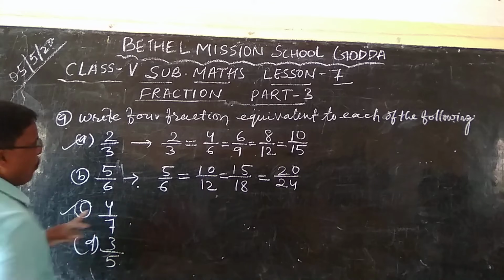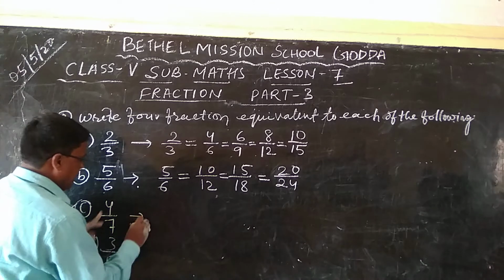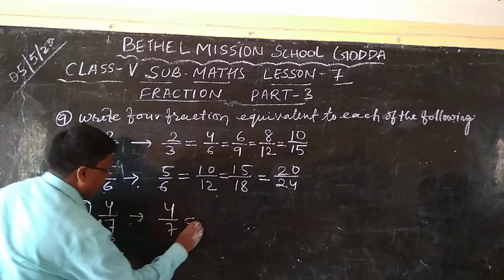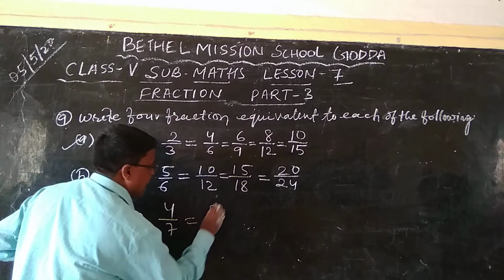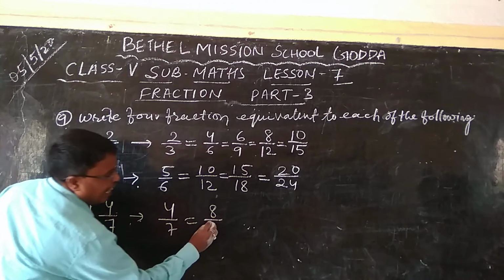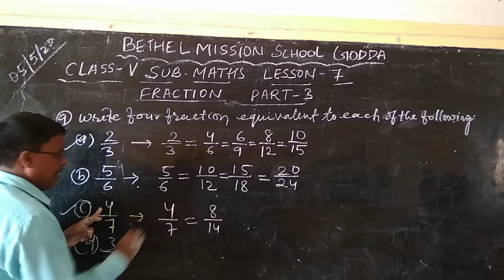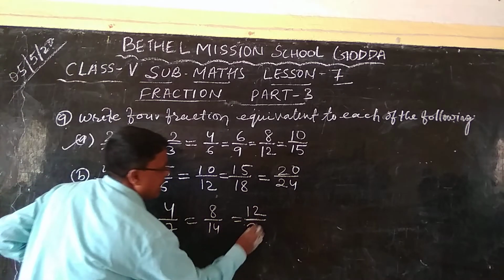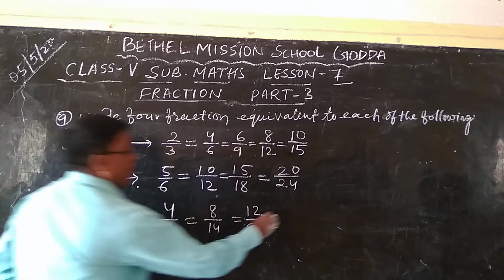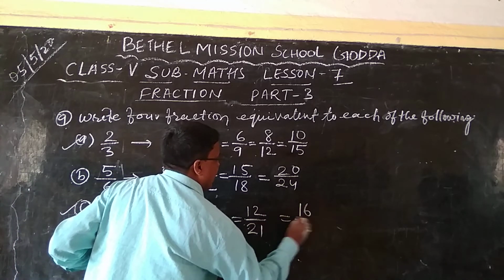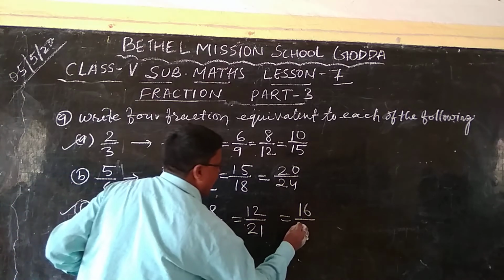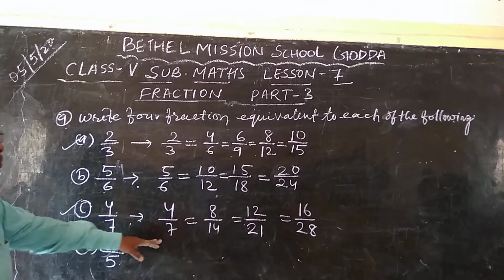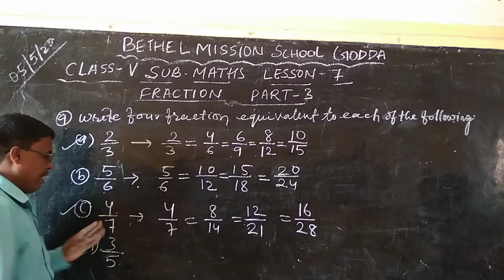Next fraction, 4 by 7. 4 1s are 4, 7 1s are 7. 4 2s are 8, 7 2s are 14, 4 3s are 12, 7 3s are 21, 4 4s are 16 and 7 4s are 28. These are equivalents of 4 by 7.